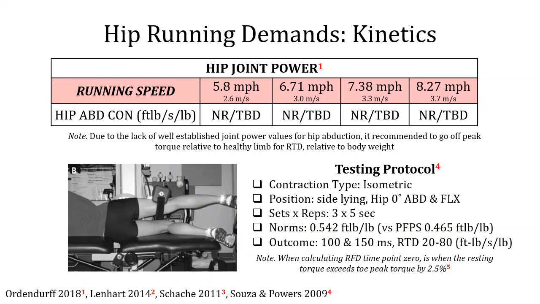Okay, and then if we look at the hip joint power in the frontal plane, unfortunately, we don't have good data here in regards to the rate of force development that is necessary, or that has been described by Ordendorff in 2018 at the different running speeds. This being said, we can look at limb symmetry indices as a surrogate, and we can also look at the normative values that were tested, again, by Powers et al., where they looked at the foot-pounds per pound of body weight.